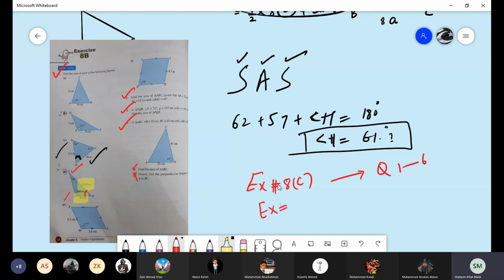Exercise 8D, question number 1 to 7 all. Then our syllabus will be finished, inshallah. Noted? Yes, ma'am, noted.